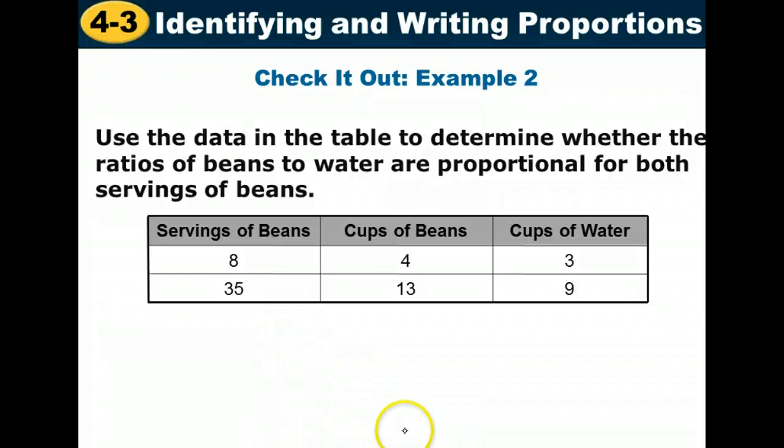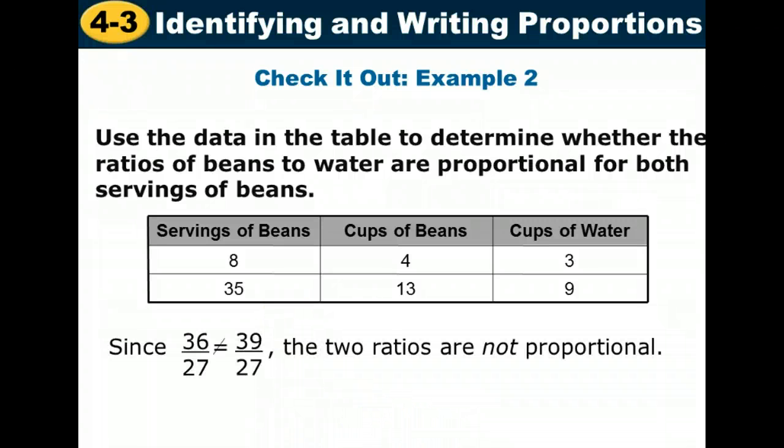Okay, welcome back. Alright, so here we have those two ratios. They are not proportional. How can we tell? What they did here was write them so they have the same denominator. That is another way we could compare them. The ratios were 4 to 3 and 13 to 9. So we can rewrite them so they have the same denominator.